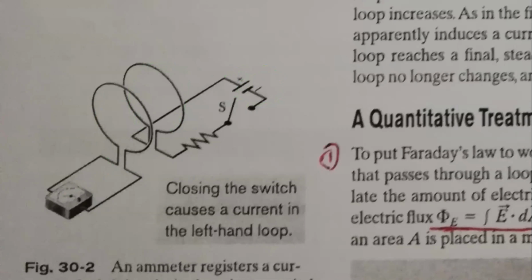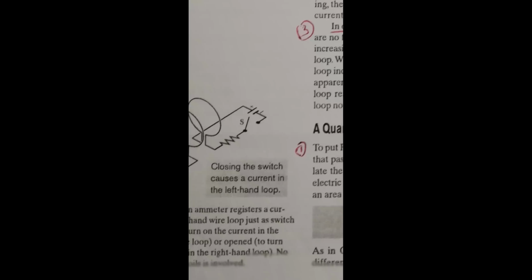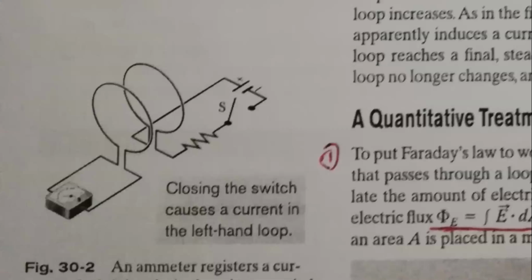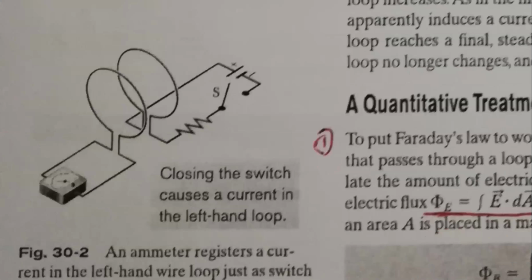So if you change the value of the current in the first loop, the value of the magnetic field will change. Whenever the magnetic field changes in the first loop, the changing magnetic field will produce an induced EMF in the second loop, and due to that induced EMF, current will flow in the second loop.